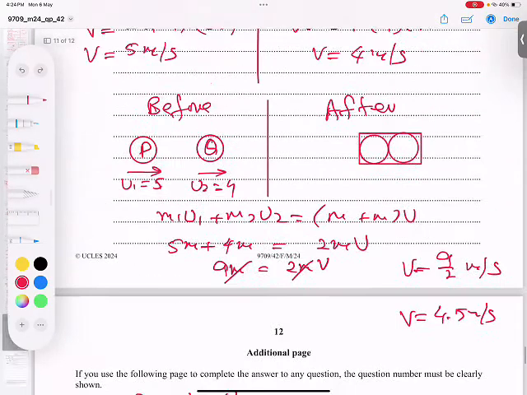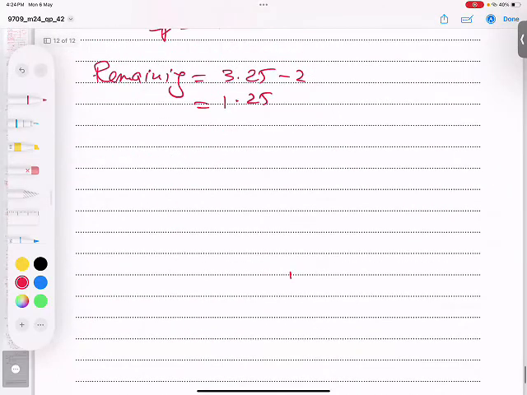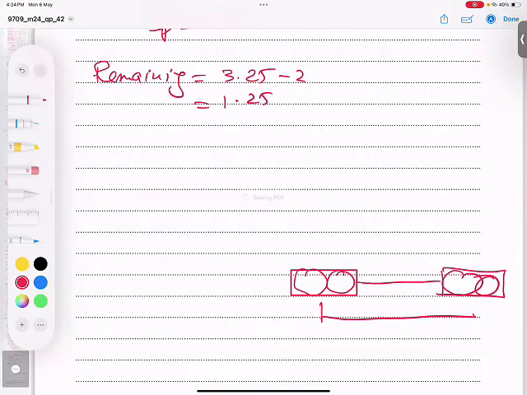Now let's talk about after the collision, and see what the starting speed is, because the combined speed behaves as the U for the next motion. They will travel this way. The distance from here to here is 1.25, and the acceleration remains the same because they are on the same rough inclined plane.